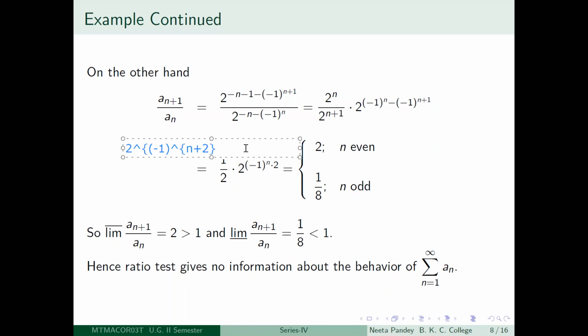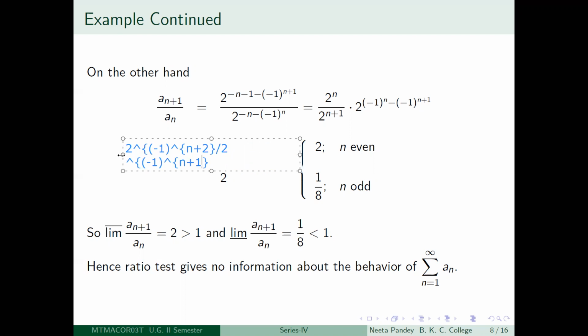And then at the bottom, I have in the denominator 2 to the power minus of minus 1 to the power n. So that becomes 2 to the power minus 1 to the power n plus 1, right?